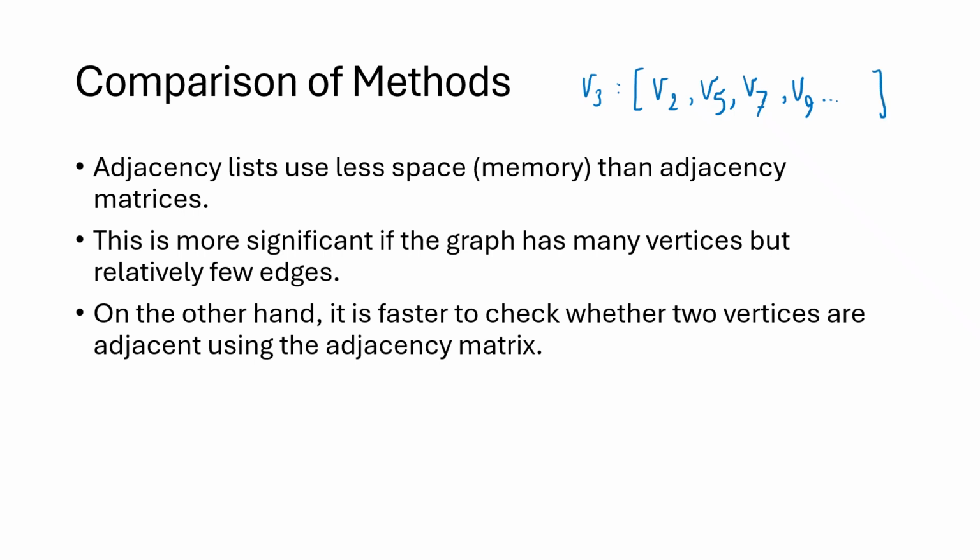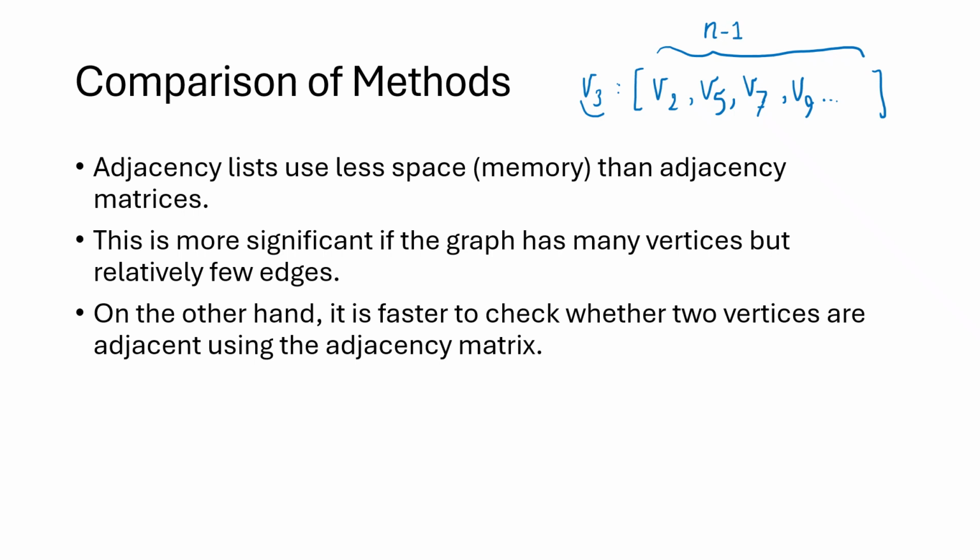Now, in order to figure out whether there is an edge from V3 to V17, for example, we need to go through this list one by one and see whether V17 occurs anywhere in the list. And this list can be as long as, if you have n vertices, n minus 1. It could be that all of them are here, or n minus 2 or n minus 3.